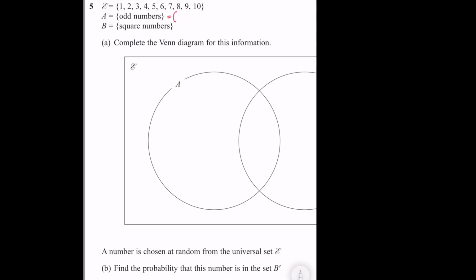Group A is odd numbers. The odd numbers are 1, 3, 5, 7, and 9. Group B is the square numbers. Square numbers are, again, 1 and 4 and 9. Then find any common numbers, put them in the overlap between A and B. So we have 1, a square number and odd number.